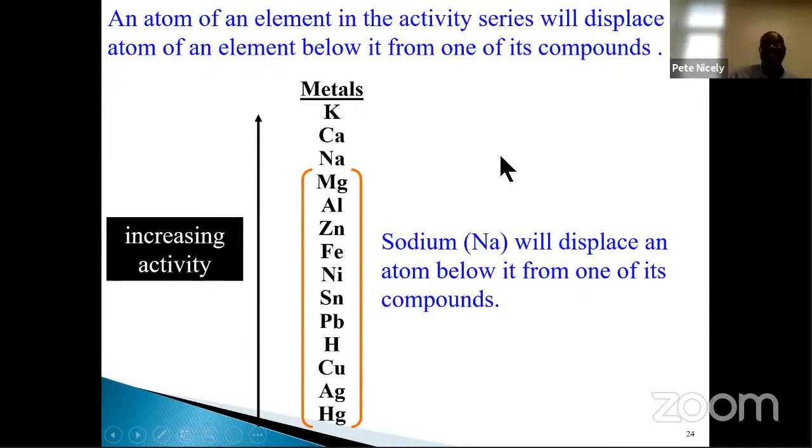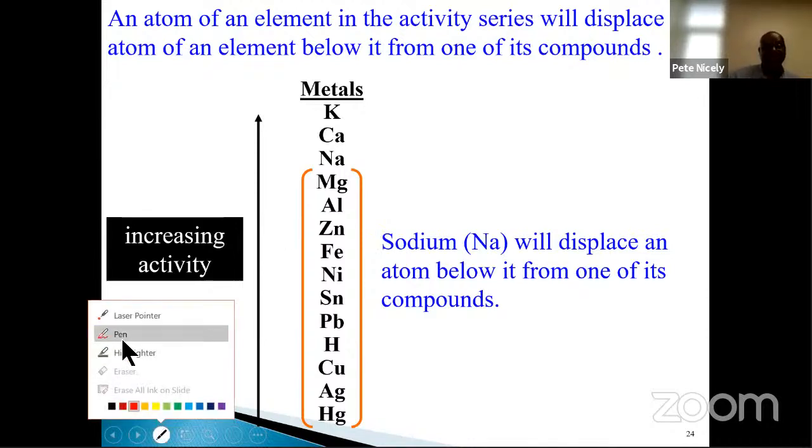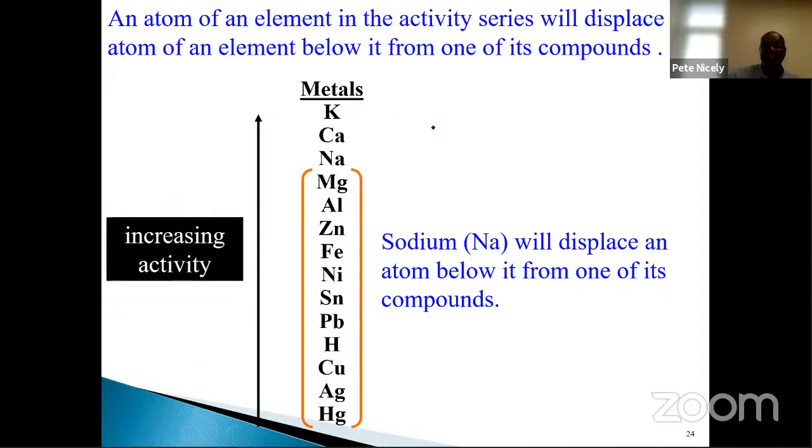So for example, let's say you have magnesium sulfate, and you react it or you add to it sodium, right?